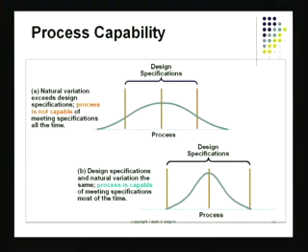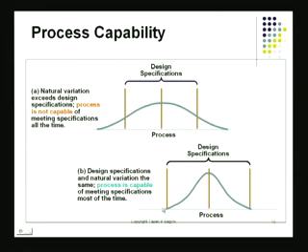Again, look at the idea of process capability. What are my design specifications? Design specifications are basically determined by what the customer requires. So I've got my upper specification limit there and lower specification limit there. If the process is not capable of meeting these requirements, I'll have some parts of these tails that would be beyond the specification limits.